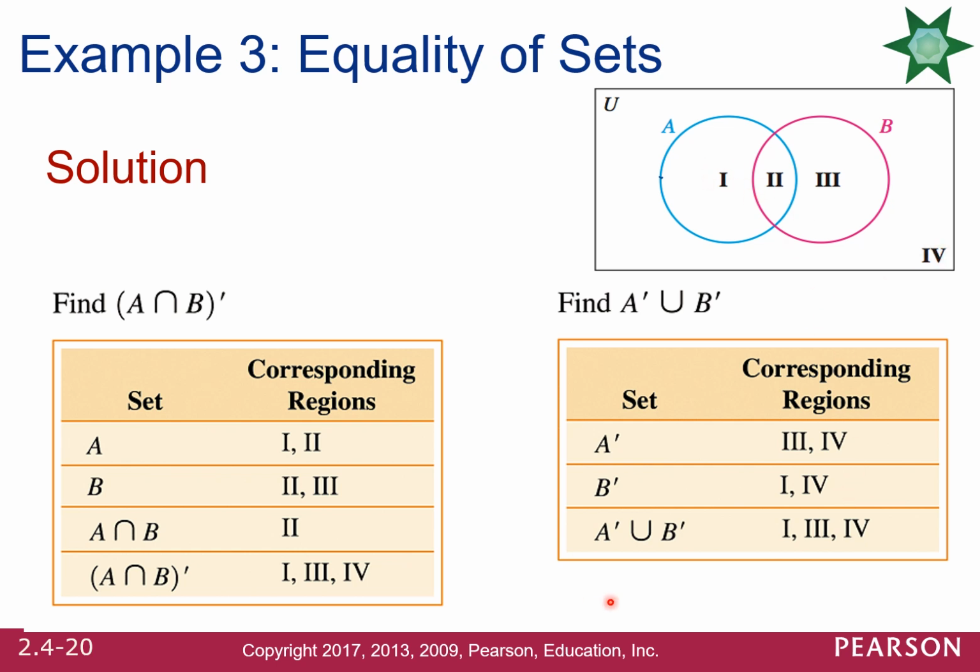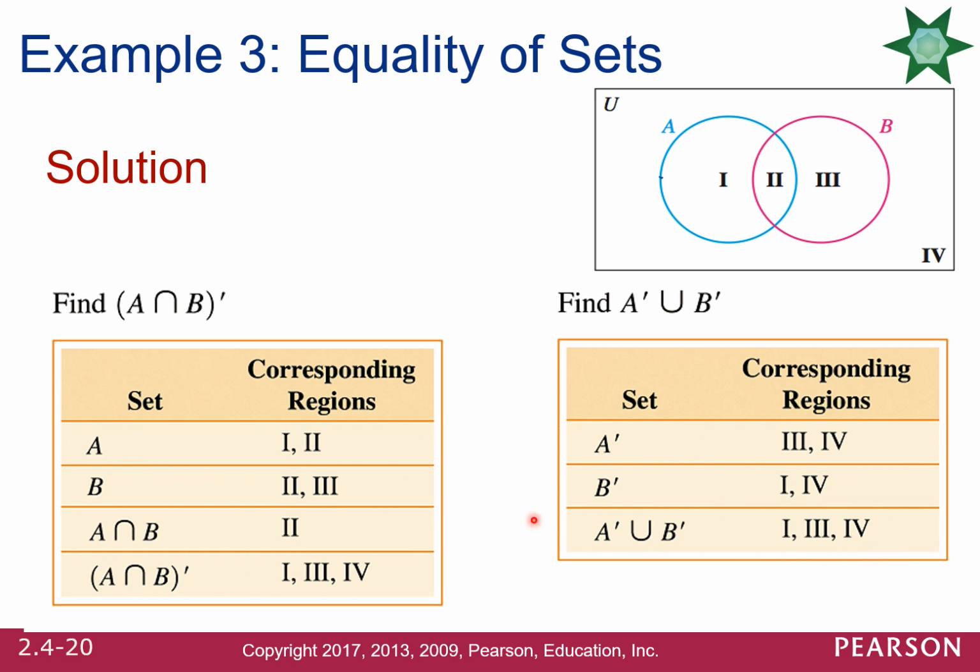And A complement union B complement would be 1, 3, and 4, correct? So here we have 1, 3, and 4. Because 4 is repeating, you don't need to write it twice. So we see over here the complement of A intersection B is 1, 3, 4. On the right hand side, A complement union B complement is also 1, 3, 4.